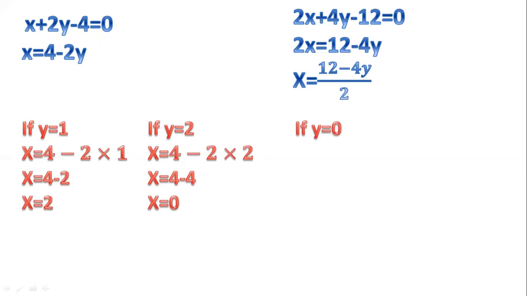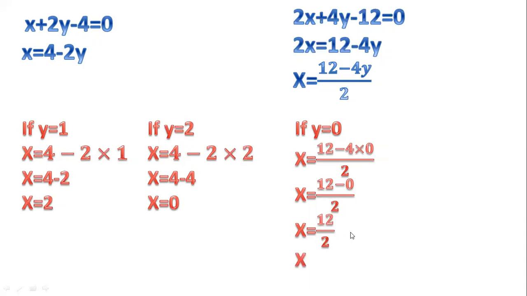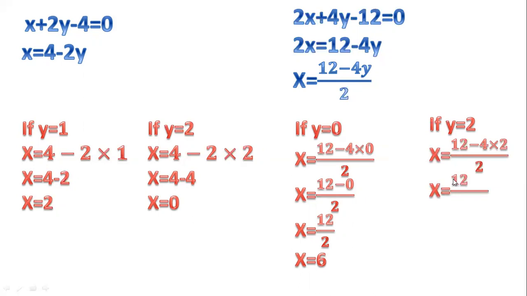If y is equal to 0, then 12 minus 4 into 0 by 2, that is 12 minus 0 by 2, so 12 by 2, that is 6. If y is equal to 2, next value is not 1, next value is 2 because it should be divisible by 2. So x is equal to 2.